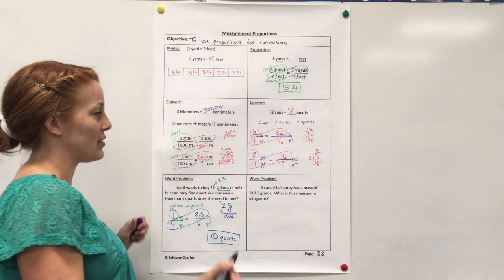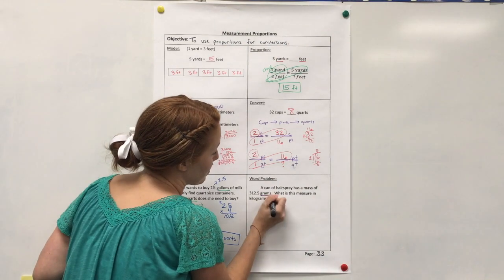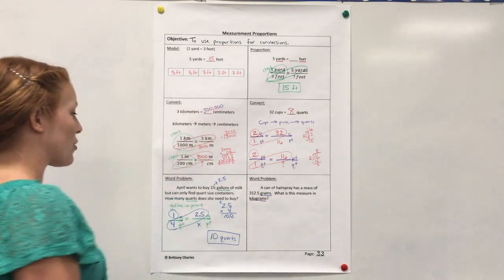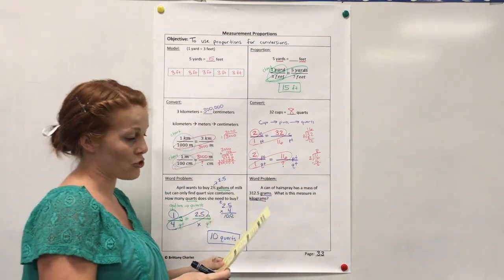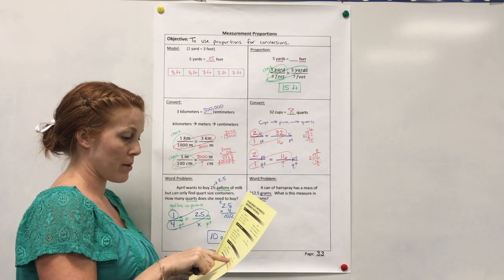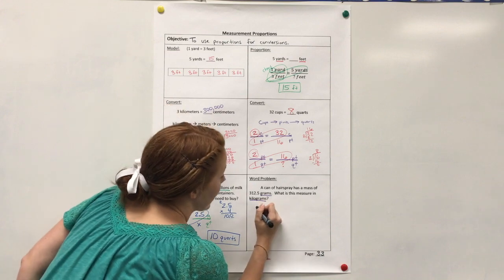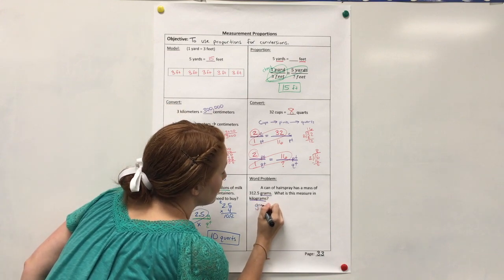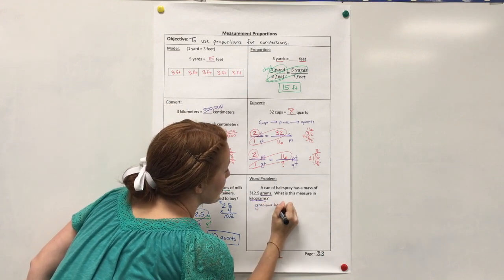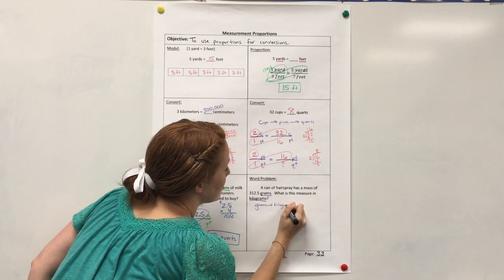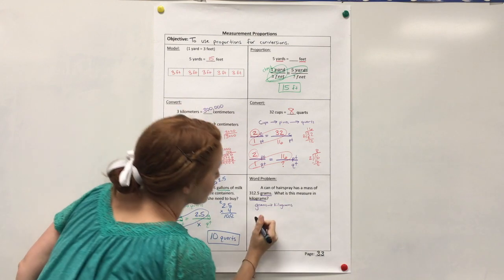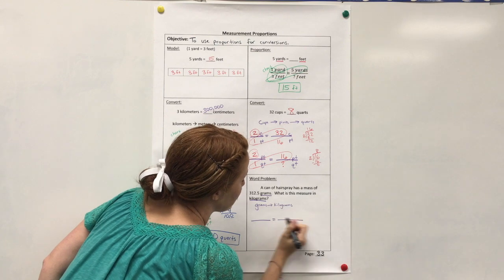All right, let's see. We have grams and kilograms. So first, I check on my chart. Can I get straight there? I see kilograms going to grams, so yes. So we have grams, and we're going to kilograms. So I'm going to set up my proportion.